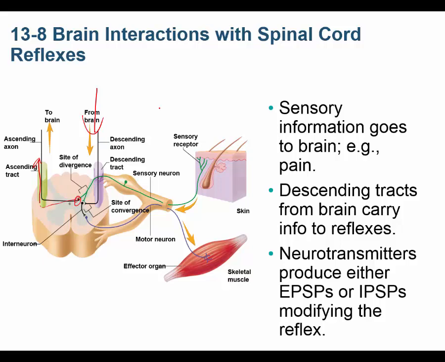Because you're walking a tightrope across the Grand Canyon. Your brain makes the decision that you would rather tolerate the bee sting and not fall off the rope than reflexively react and fall off the rope. So yes, your brain can override the reflex, and you can see this descending information from the brain that can modify this reflex.